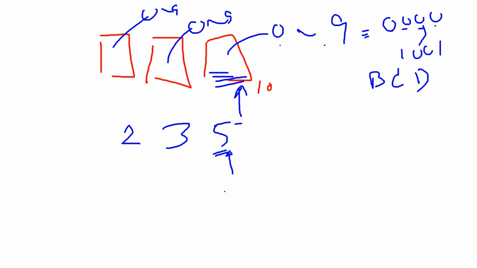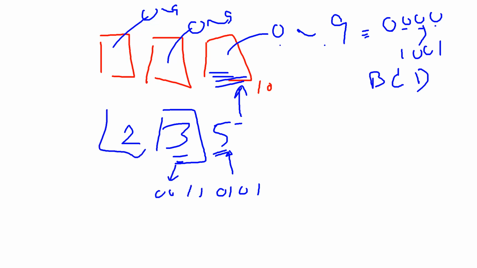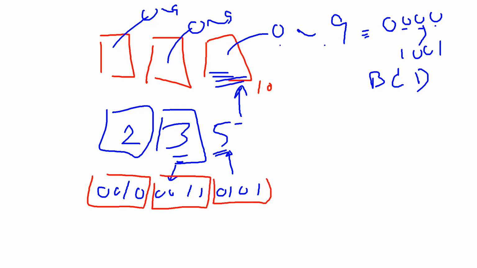That means 5, you can write as 0101, and this position, 3, you can write with 0011, and this 2 is 0010. So it's very convenient, right? Because you just convert digit by digit. Change one digit in decimal to 4 bits in binary form.